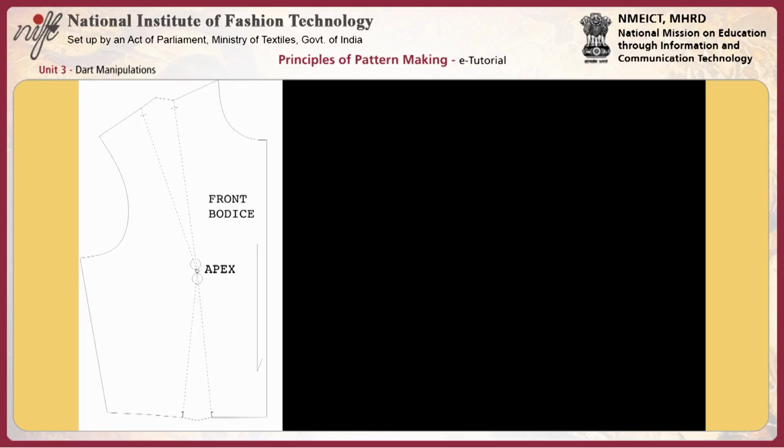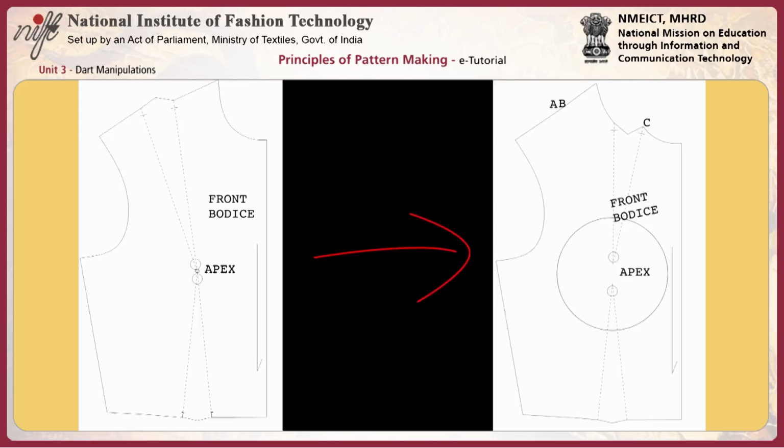Download the start pattern from the download section. As per the given instructions, transfer the shoulder dart to the neckline dart using the slash and spread or pivot technique. Download the final pattern and compare against your pattern.